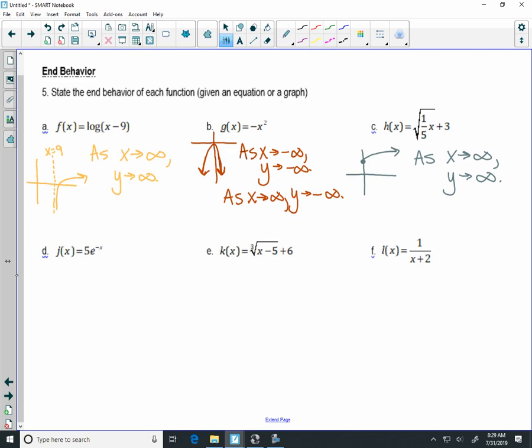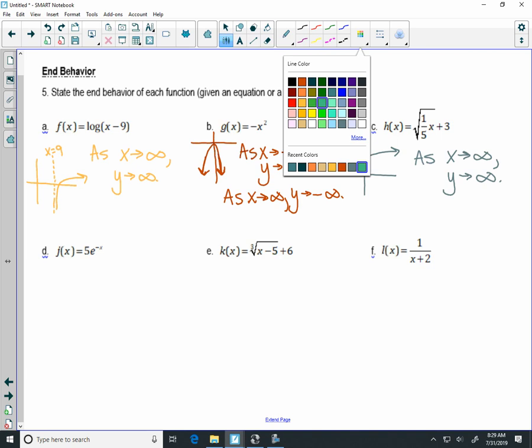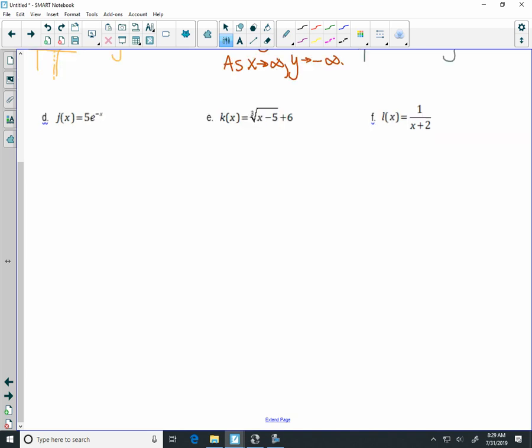All right, e to the x. E to the x is kind of a tough one. So really, I would do this one in 2 steps. I would do your basic e to the x graph. Remember that e to the x does not cross the x-axis. And then the 5 is going to be a vertical stretch, so it's just going to make it taller faster.